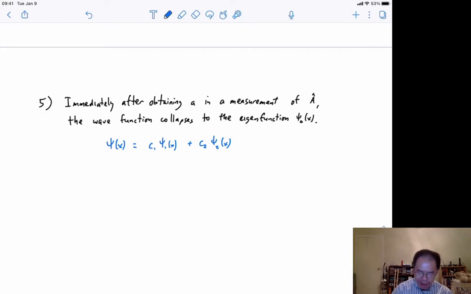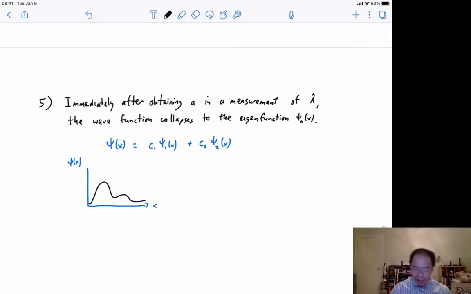So imagine I had a particle that was in some wonky state that was not localized. So let's say I had a psi of x that looks something like this. So let's say I had something that looks like a blob.